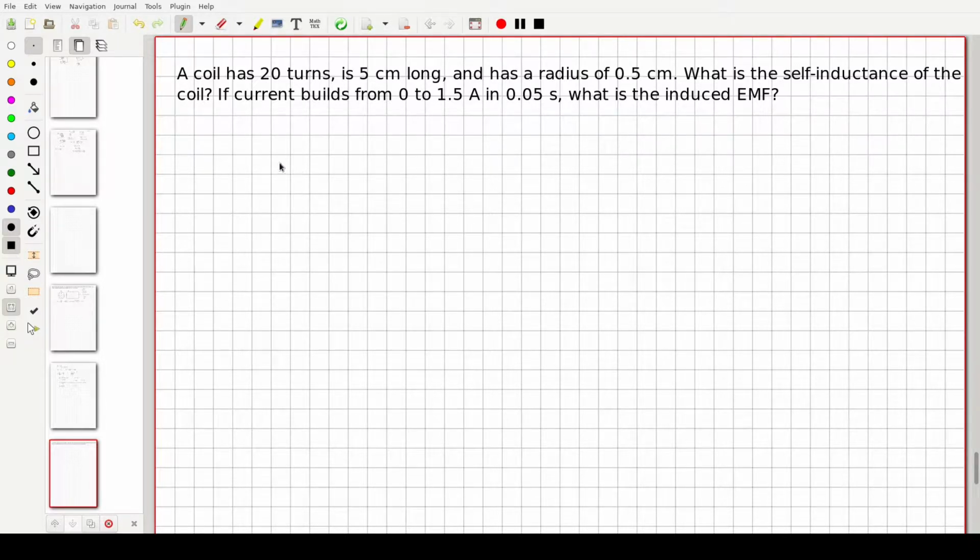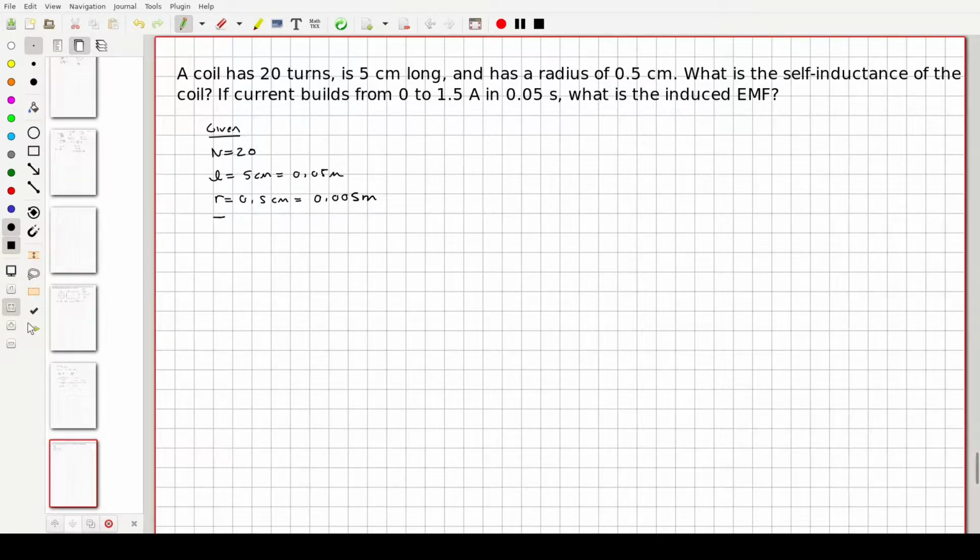So, what we're given here is the number of turns, the length, which is 5 centimeters or 0.05 meters. We're given the radius, which is 0.5 centimeters or 0.005 meters.